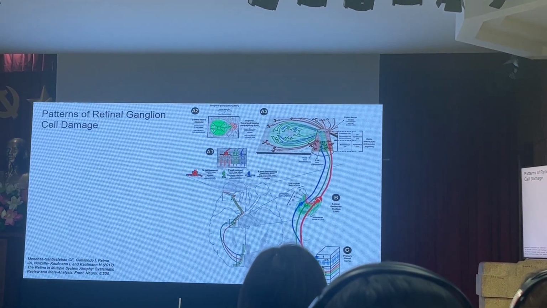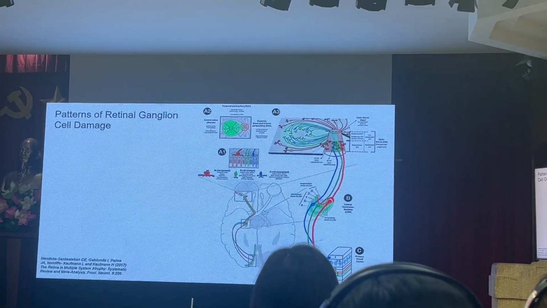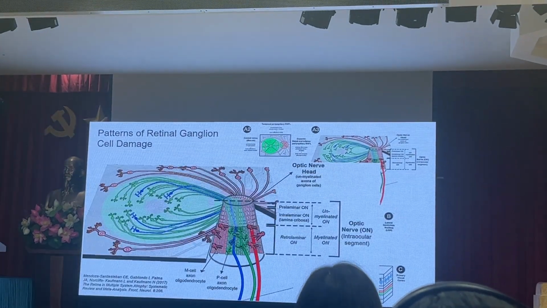So when we are talking about different diseases, we have to keep in mind that different populations of ganglion cells may be affected in our analysis.